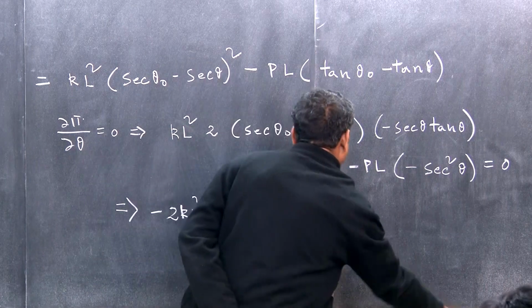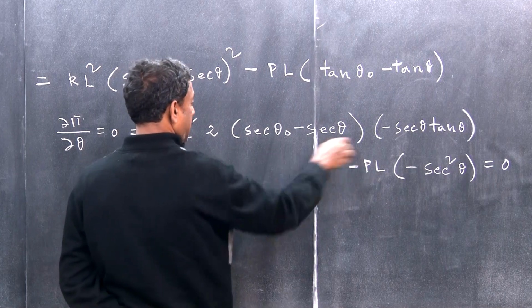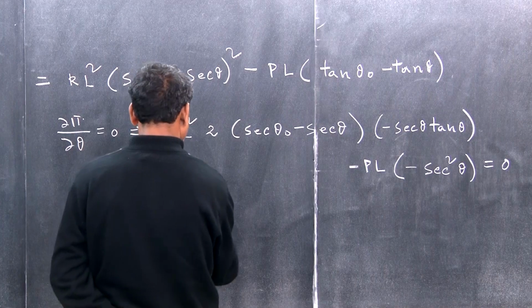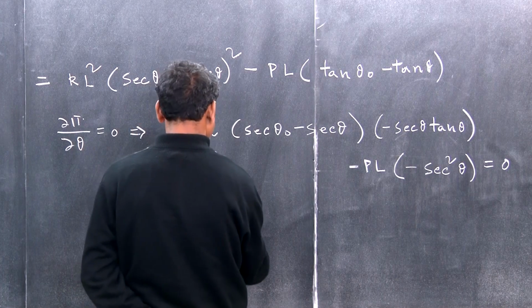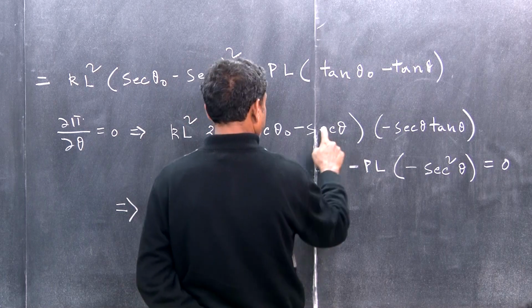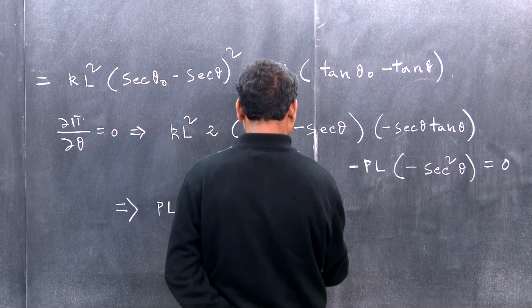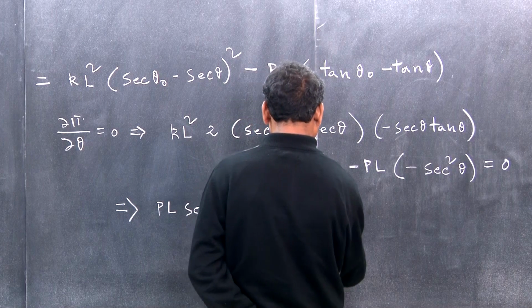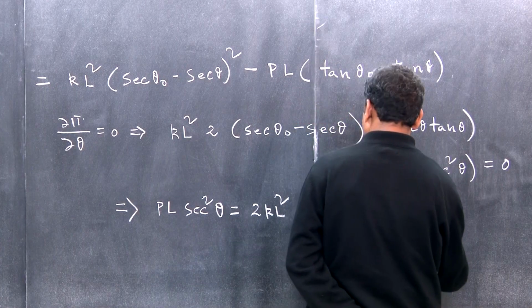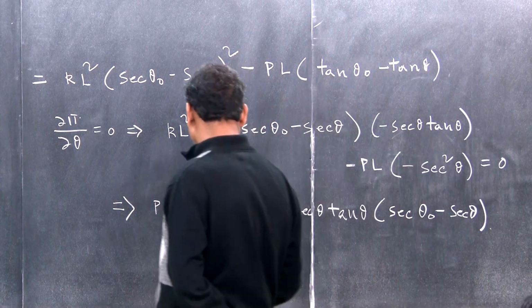You can take this side. So, P L sec square theta is nothing but 2 k L square sec theta tan theta into sec theta 0 minus sec theta.